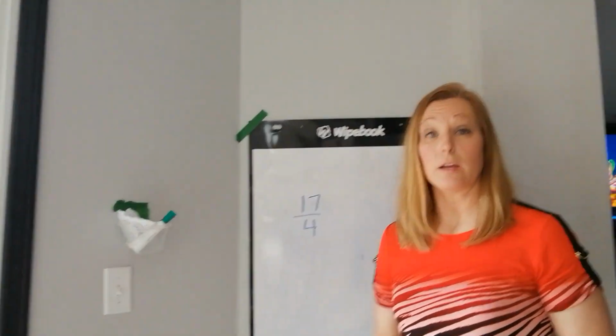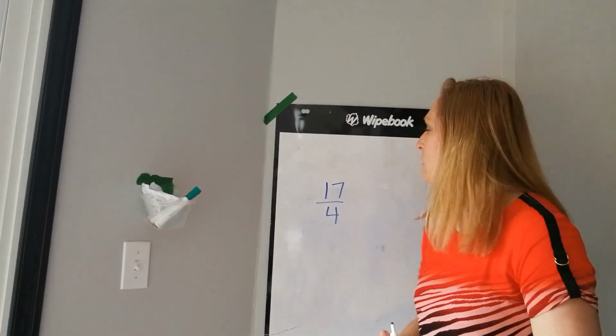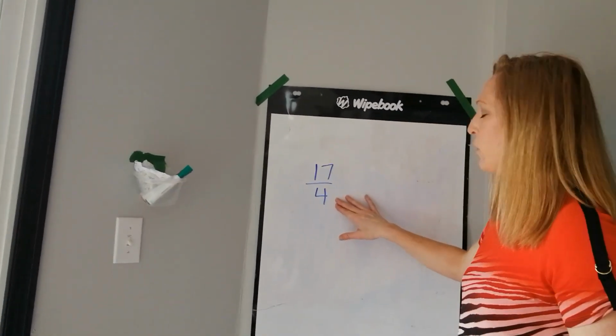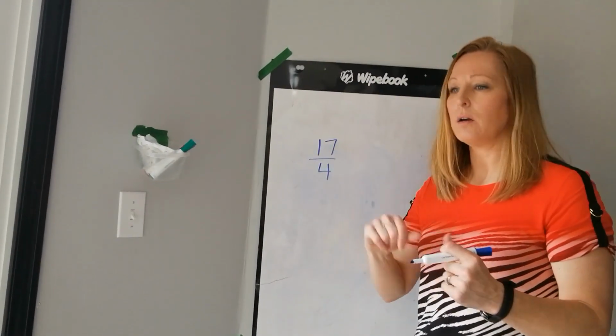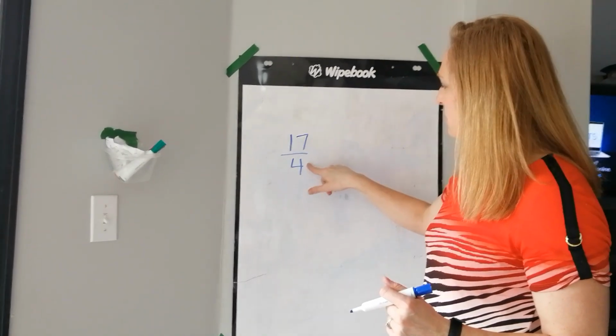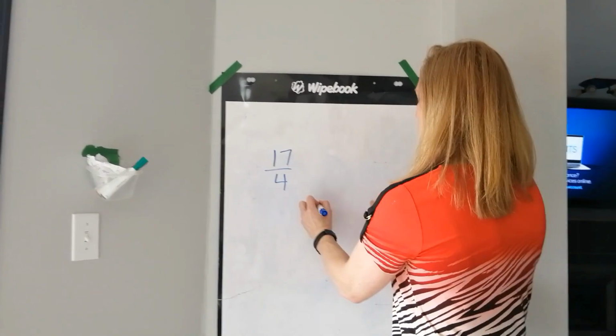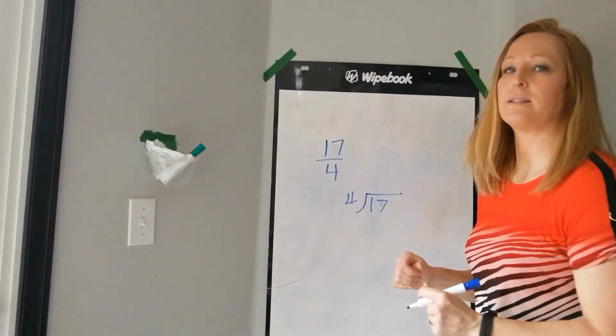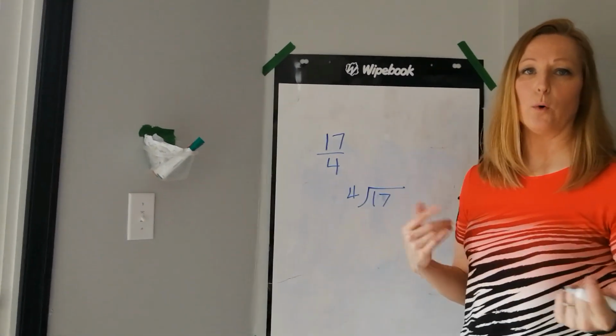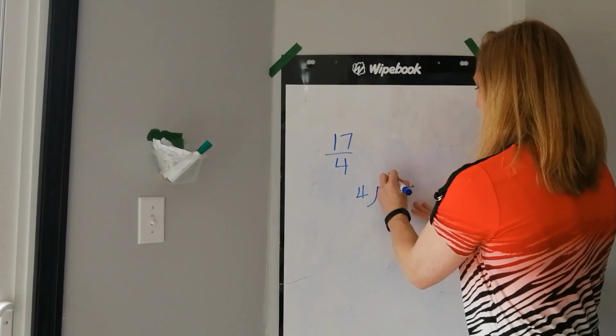So we're going to take a look at a couple trickier examples here. So I've got 17/4. I've got to figure out how many holes there are out of 17 pieces. So I got to know how many times 4 goes into 17. Well, I know that 4 times 4 is 16. Yep.